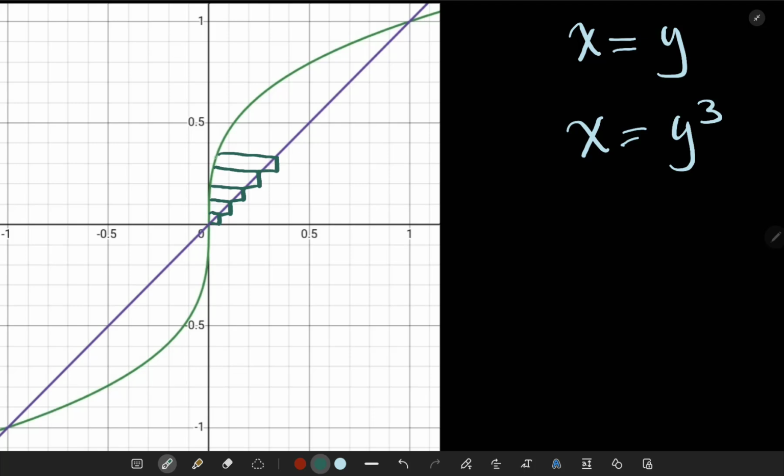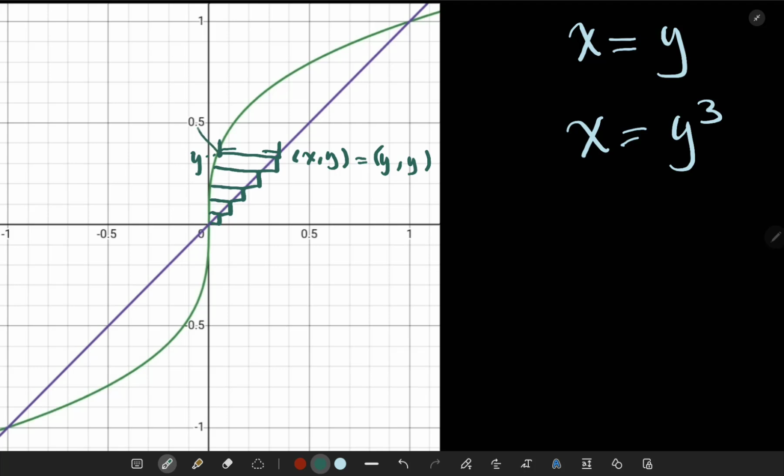So what happens is that what you're fixing now is not an x. You're fixing a y value here. The coordinate here is going to be x comma y, but for this one in particular, x is equal to y, so you get y comma y.